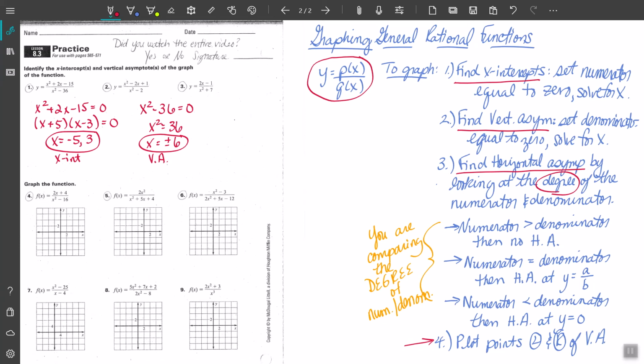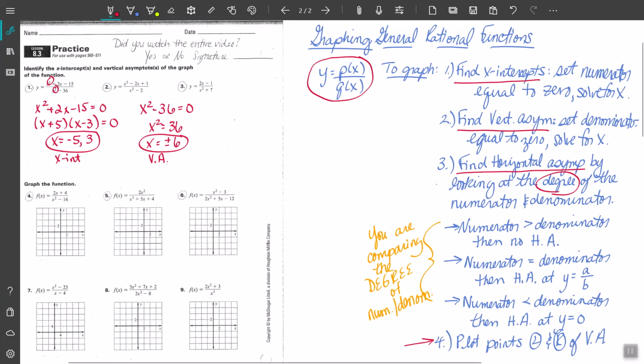This means all of your terms need to be in descending order based on their exponent, which they are in number 1. In this problem, the degree is 2 in the numerator, and the degree is 2 in the denominator.